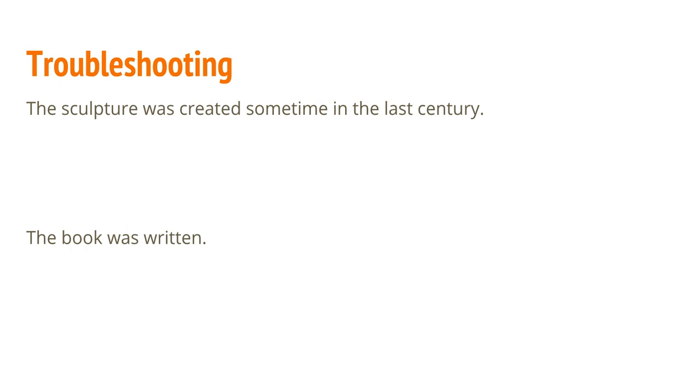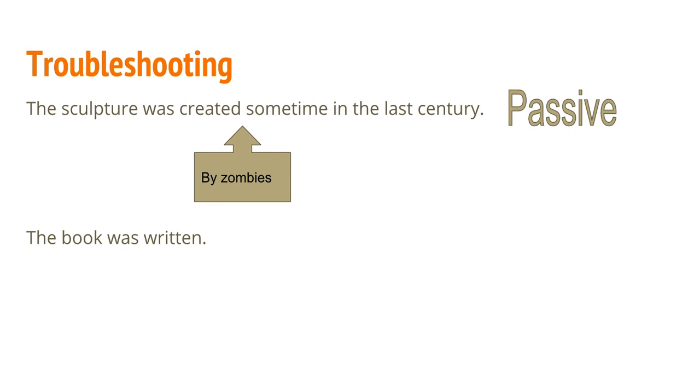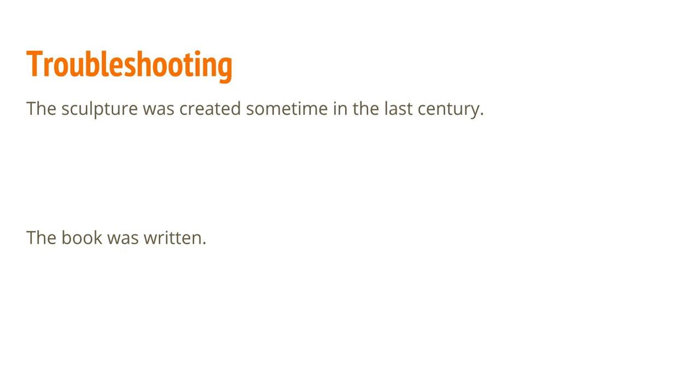So, let's do a little bit of troubleshooting here. The sculpture was created sometime in the last century. The book was written. In each case, we can identify sculpture as the subject or book as the subject, and created and written as the action. But we don't see that little by phrase that really clues us in, so here's a trick.